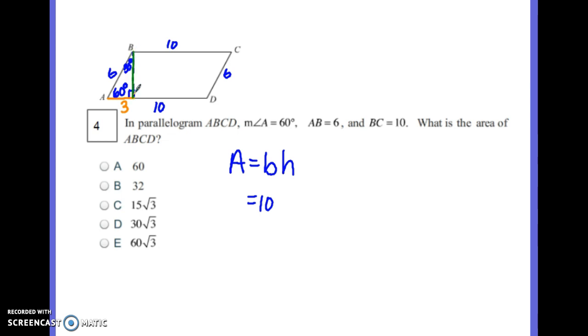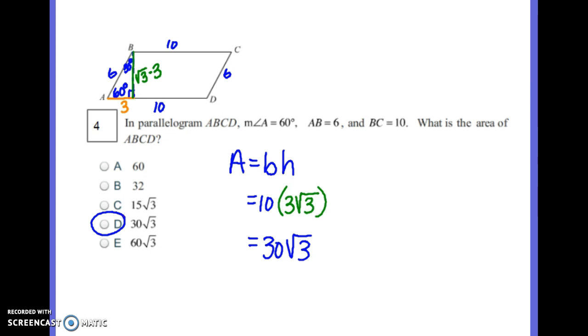And if you're using your 30, 60, 90 rules, the long leg is equal to square root of 3 times the short leg. So our height for that parallelogram is 3 square root of 3. So then the area for that parallelogram would simply be 30 times the square root of 3, which is answer choice D. So it would probably be a good idea for you to review the rules for special right triangles before taking the ACT.